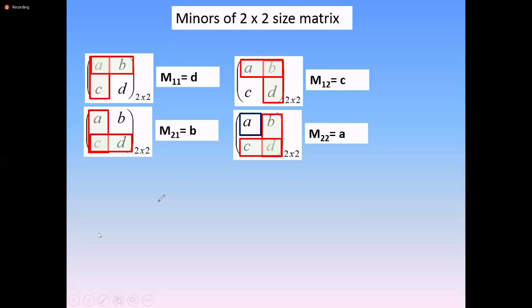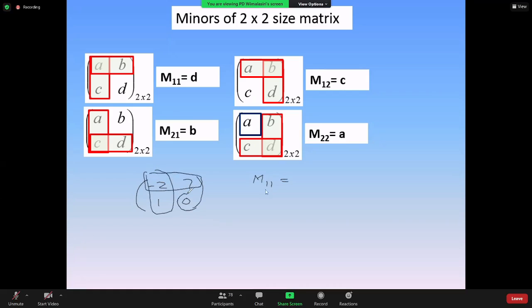So then M11 is equal to, if you delete this and this, M11 is 0.